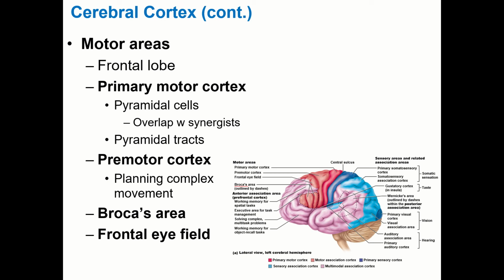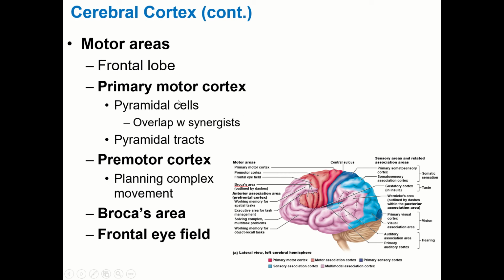In the case of the biceps, you're going to have multiple pyramidal cells interacting with multiple alpha motor neurons, and the ones that interact with the motor neurons responsible for the biceps are going to be bundled together. So you get what are referred to as pyramidal tracts. We'll talk about tracts responsible for voluntary movement. Those are your pyramidal tracts.